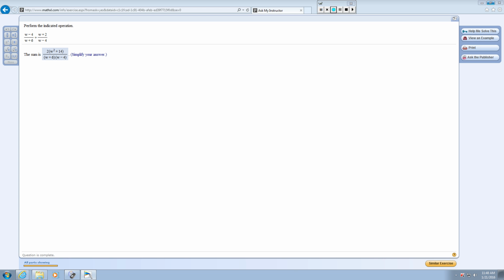And this is FOIL, W squared plus 8W plus 12. Y'all help me out. And then combine like terms. Don't get confused, that's a 1, and that's a 1. 1 plus 1 is 2. Good job. Glad you're on top of things.